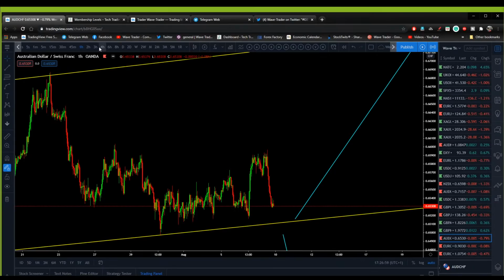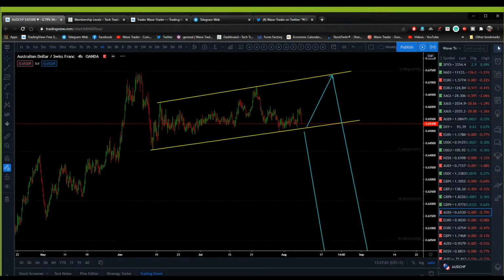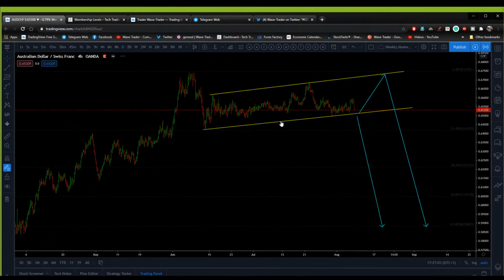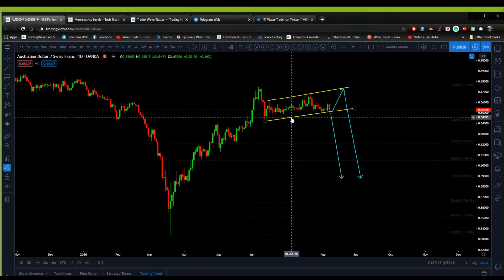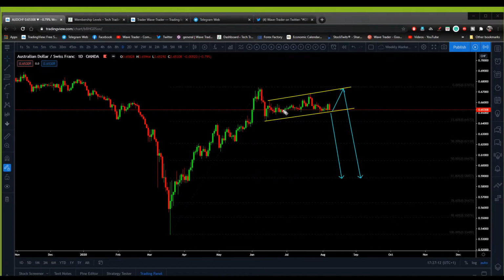So the Australian dollar against the Swiss franc and the yen, this is setting up for a breakdown. It's struggling to push higher. So the Australian dollar is struggling against the safe havens, and we may see a quick sell on the Australian dollar against the safe havens.